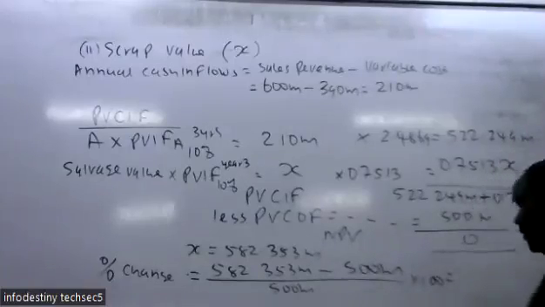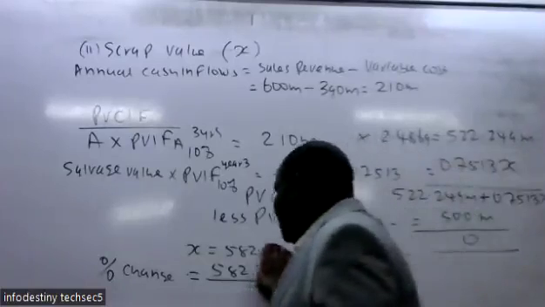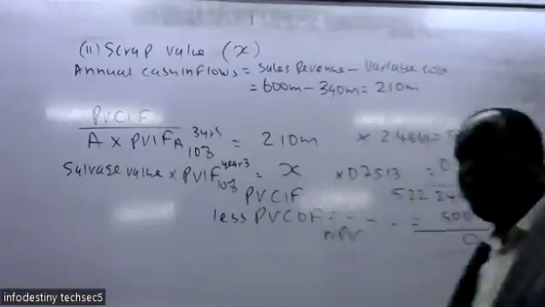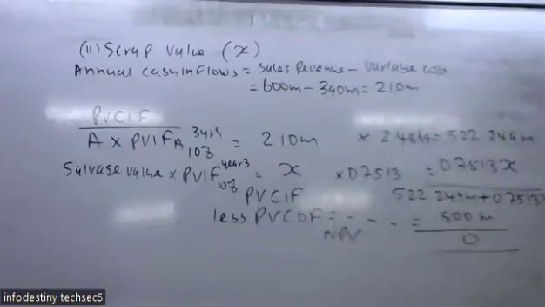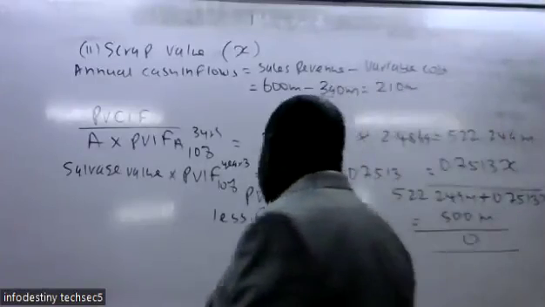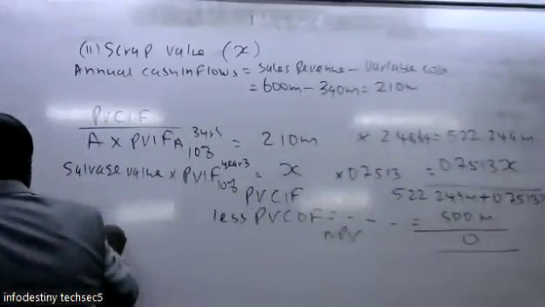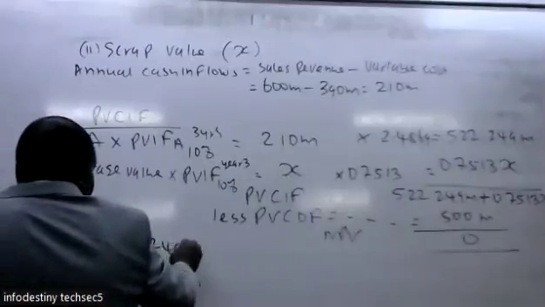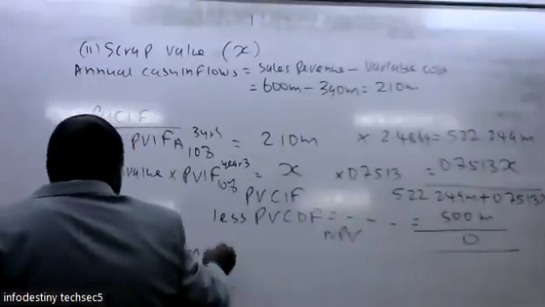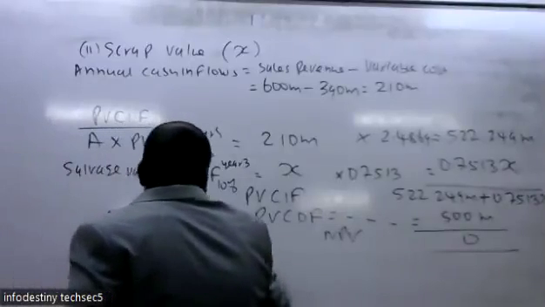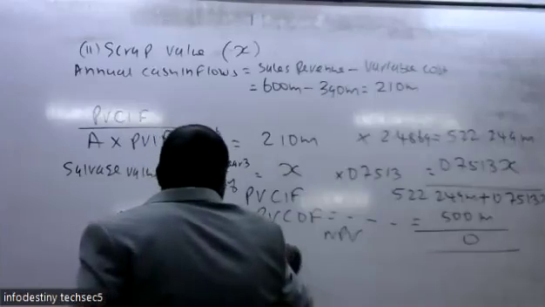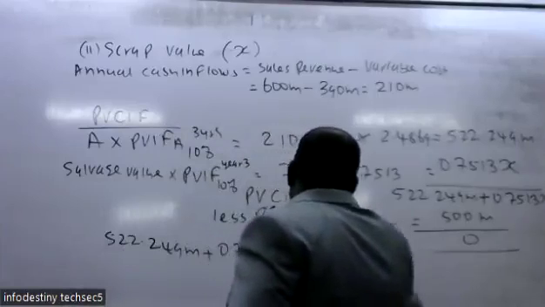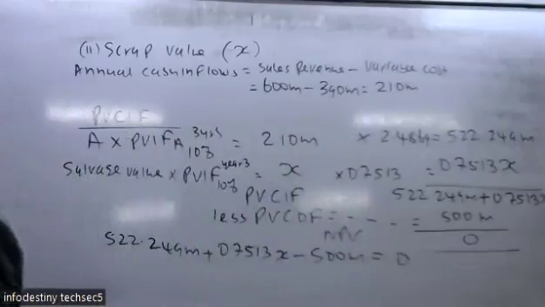So we analyze each item in isolation. So now your new equation should be 522.249 million plus 0.7513 X minus 500 million equal to 0.